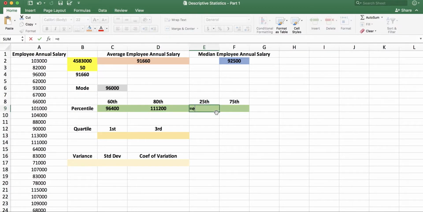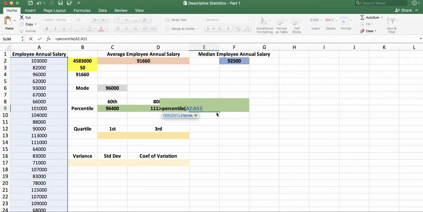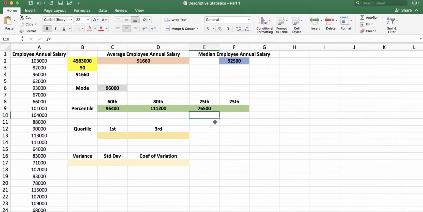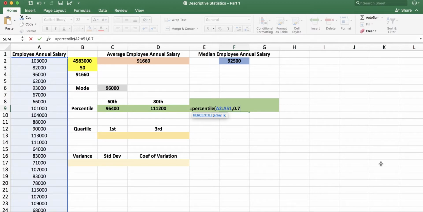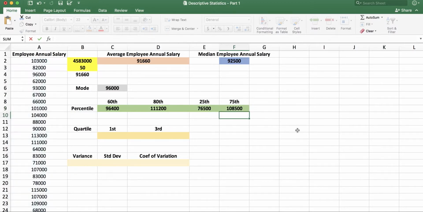Next, let's look at the 25th percentile, A2 up to A51, and 0.25 because we are looking at the 25th percentile. That is 76,500. And last, I'm going to look at A2, A51, 0.75 because we are looking at the 75th percentile.